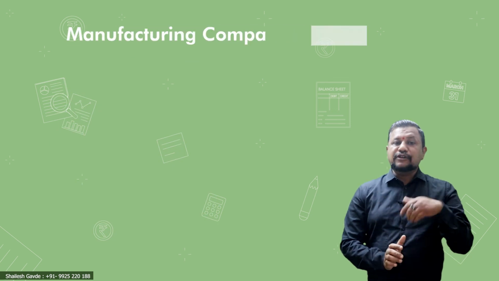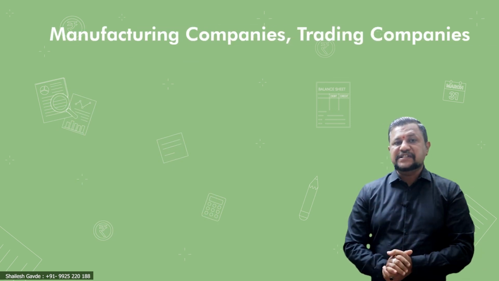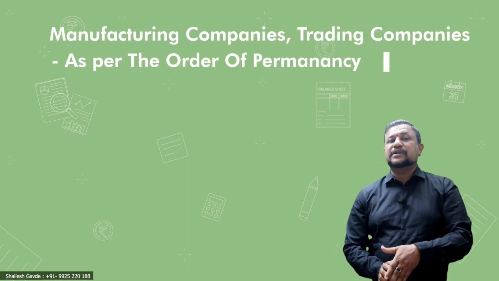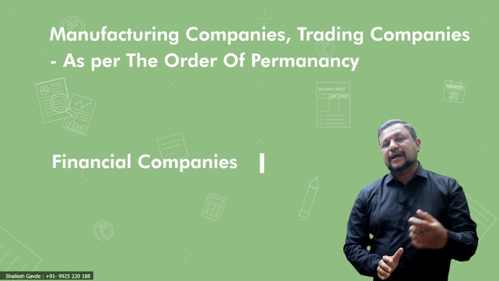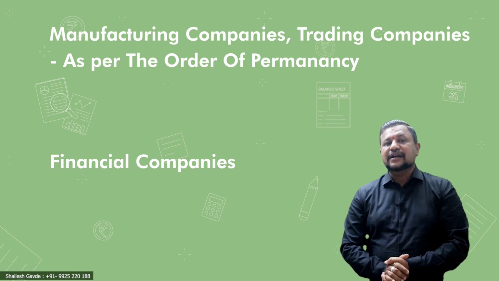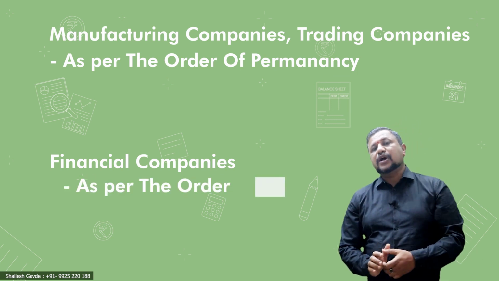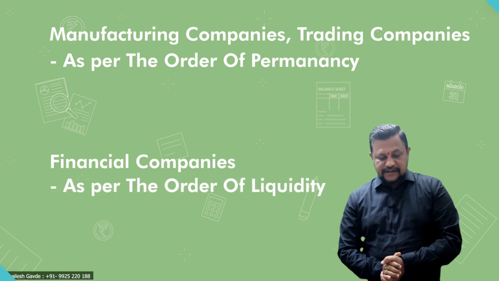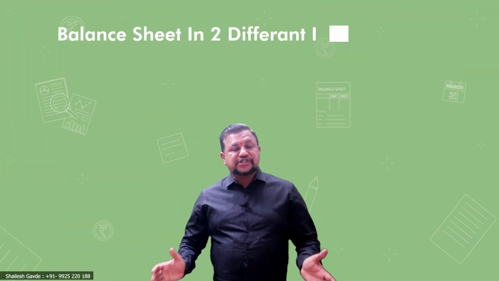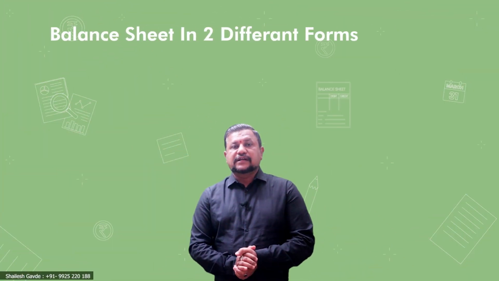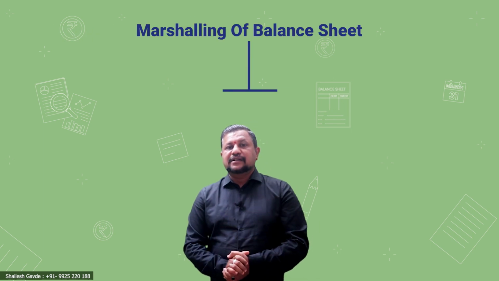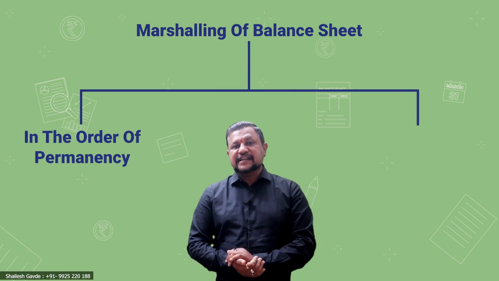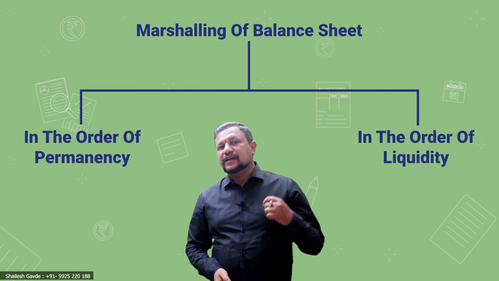Guys, manufacturing companies, trading companies, they prepare their balance sheet as per the order of permanency, whereas financial companies, they prepare their balance sheet as per the order of liquidity. So you can present balance sheet in two different forms. That is known as marshalling of balance sheet, in the order of permanency and in the order of liquidity.